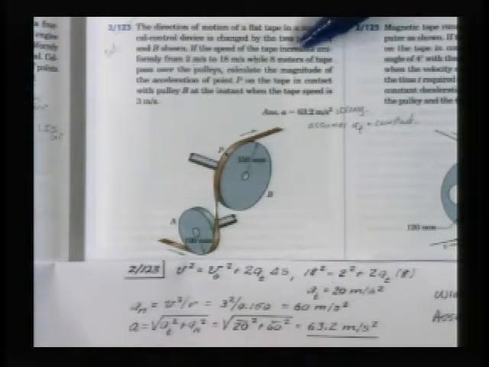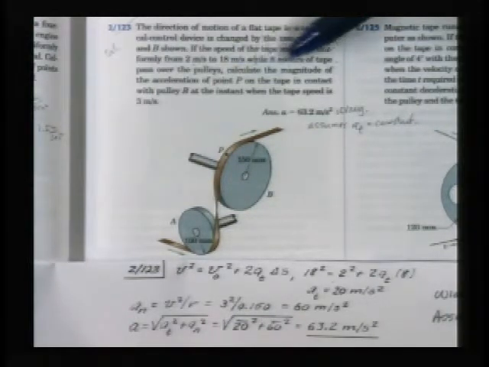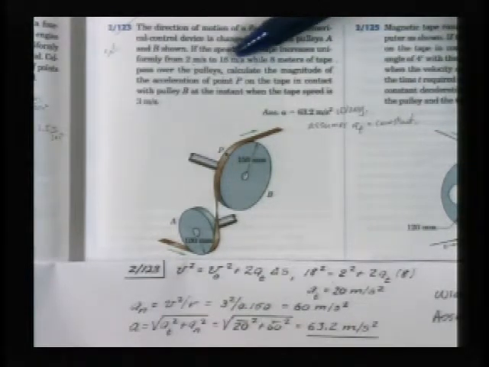The speed of the tape increases uniformly from 2 meters a second to 18 meters per second, while 8 meters of tape pass over the pulleys. So what's going on, at least the way I'm reading this, is that as 8 meters of tape passes over the pulleys, the velocity grows from 2 to 18 meters a second.